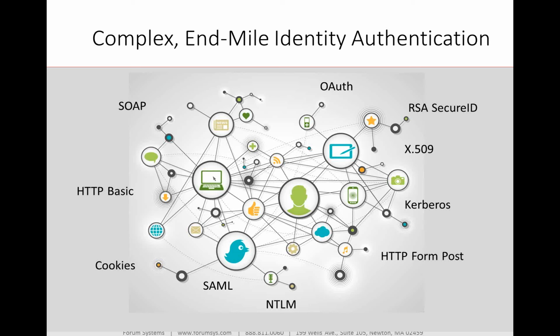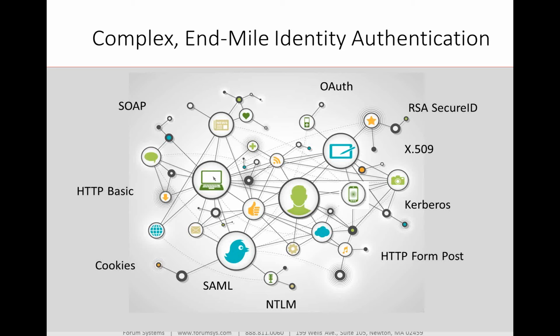Unfortunately, it's primarily due to the fact that most authentication is done at what we call end mile, whereas the identification and authentication is actually done at the service itself, at the endpoint of where the service actually resides. If you think about that complexity and you look at how many of those there are, it starts to get quite complex indeed.